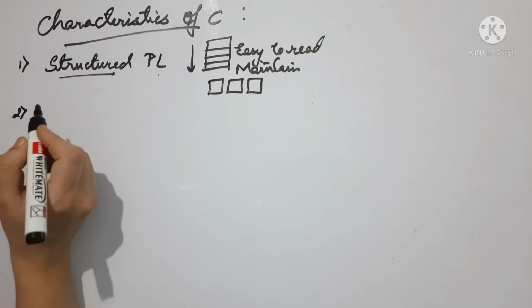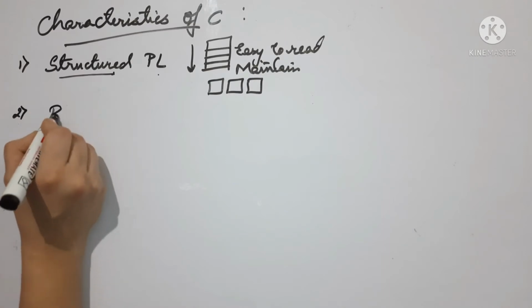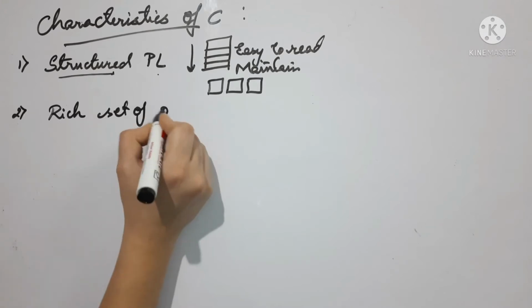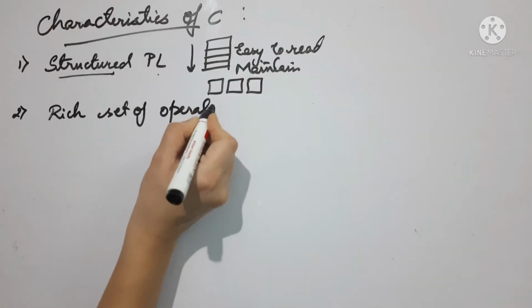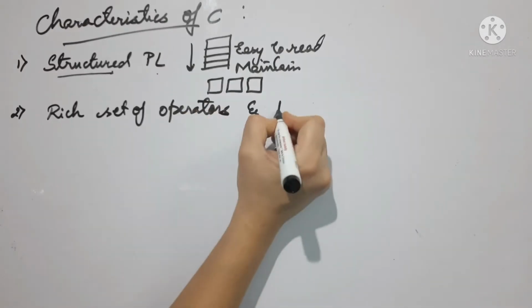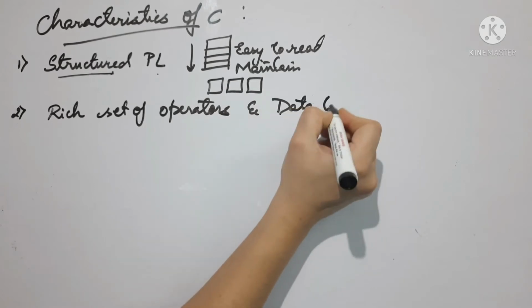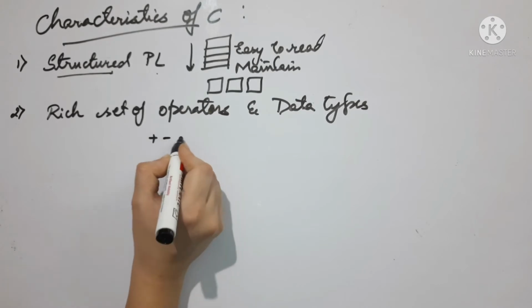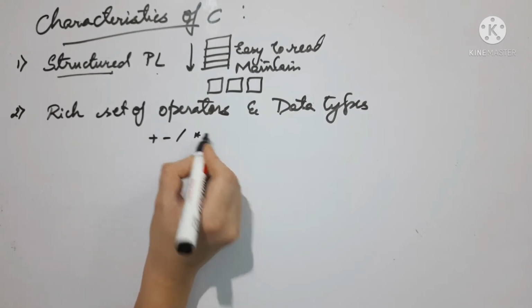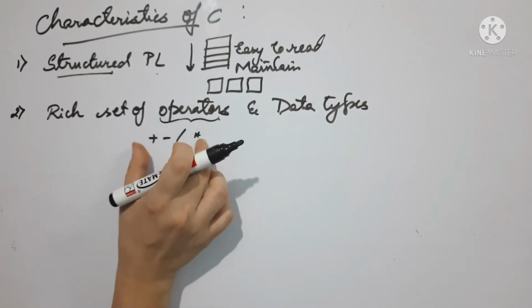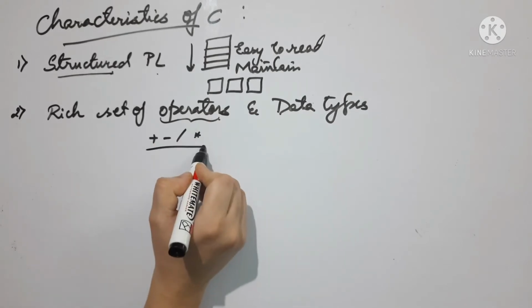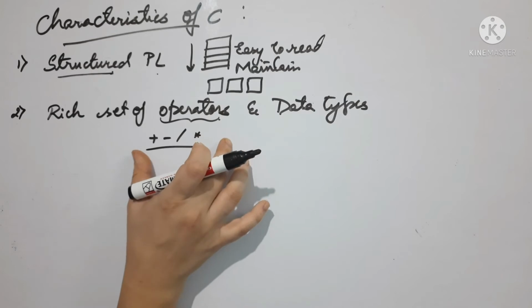Next important characteristic is it has rich set of operators and data types. Now what are operators? Operators means we have plus, minus, division, multiplication. So these are various operators which are available. There are many operators, just to name a few I have mentioned here. So it contains rich set of operators.